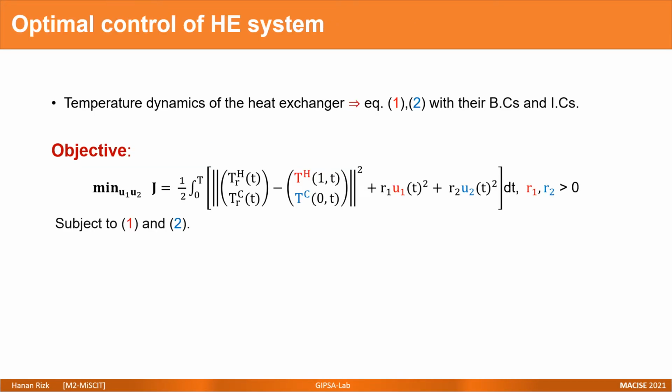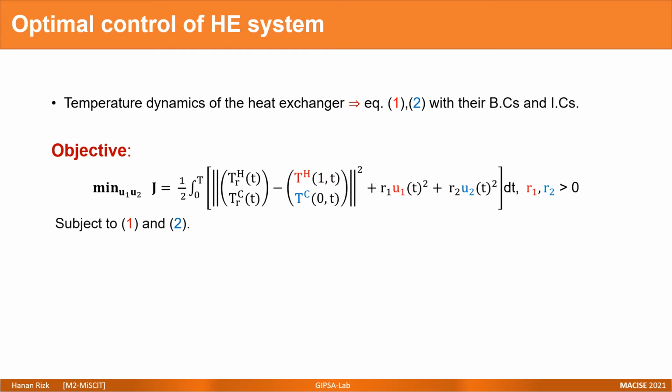This is the optimal control model of the heat exchanger system. It's an optimal tracking problem, boundary control case, formulated as we see, subject to the temperature dynamics of the heat exchanger system, which I have mentioned before.